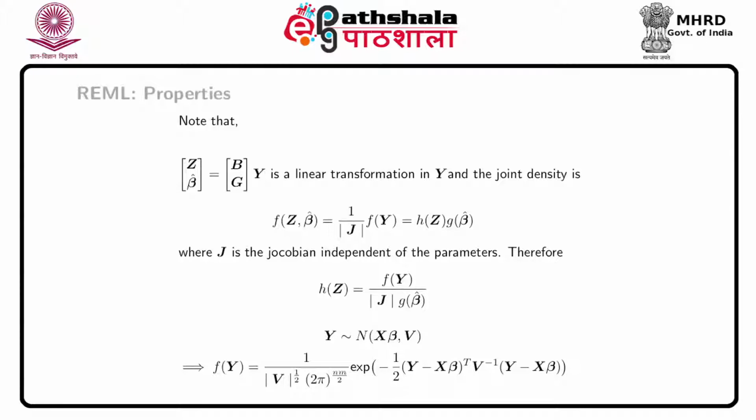We have proof that Z and beta hat are independent, and J is the Jacobian, independent of the parameters.